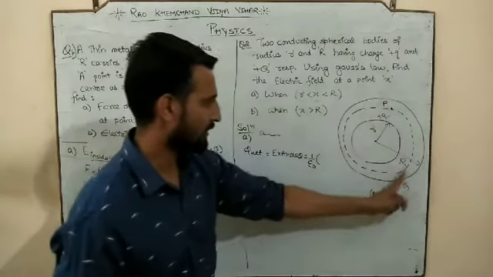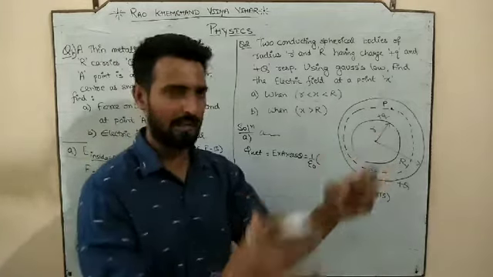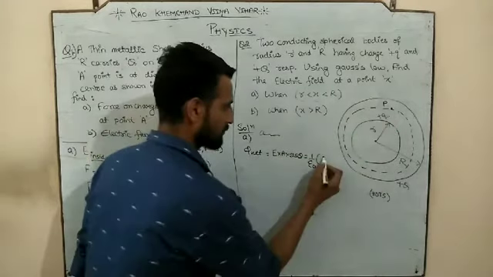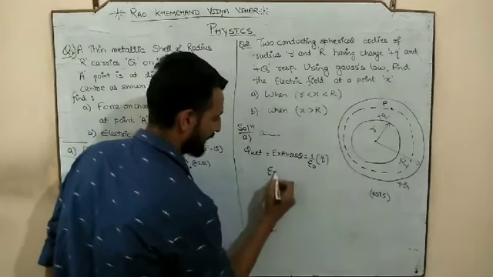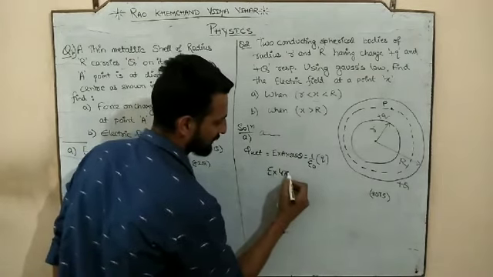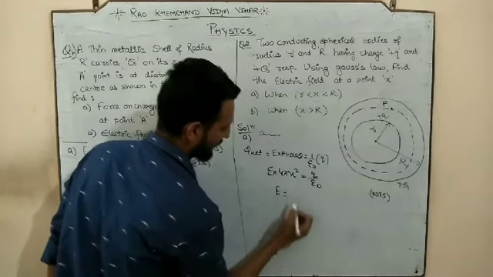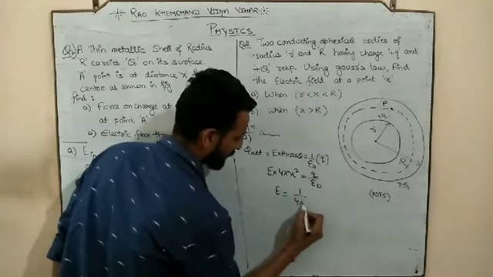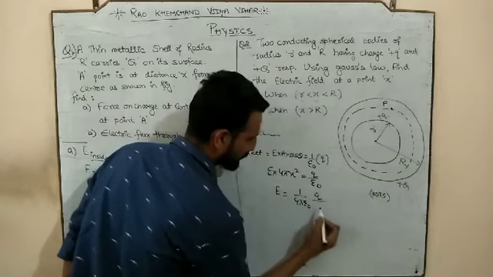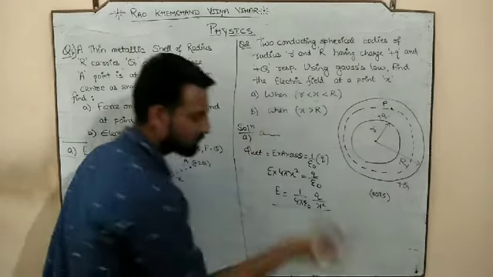This is your Gaussian surface. What is the total charge enclosed? Only plus q. And it would be E into the area of the Gaussian surface, 4 pi x square, equal to q by epsilon naught. So the electric field for the first case is 1 by 4 pi epsilon naught times q by x square.